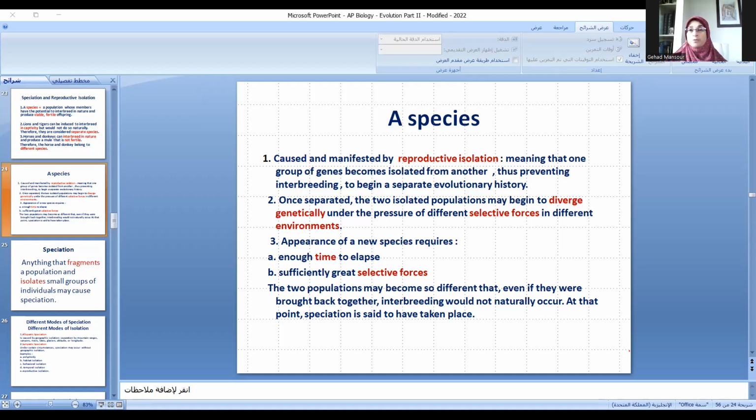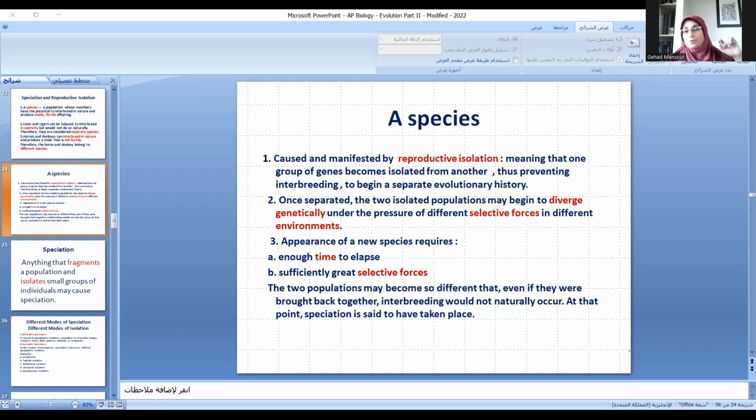So all the examples we are going to see, whether they are those of allopatric geographic speciation or non-geographic sympatric speciation, are examples of isolation, impossibility of reproduction, and that's why the big title was speciation and reproductive isolation.